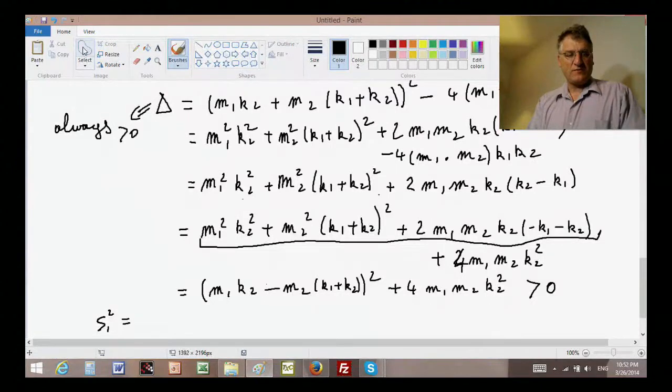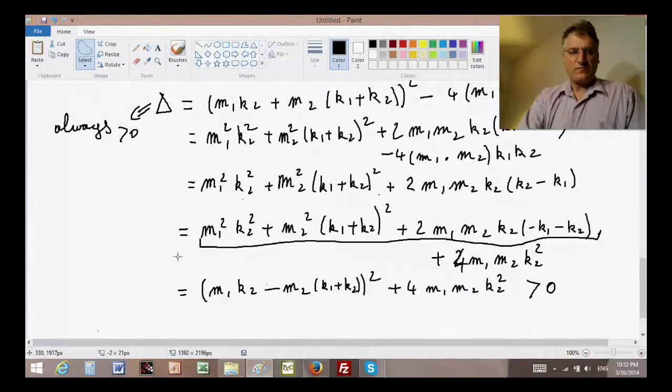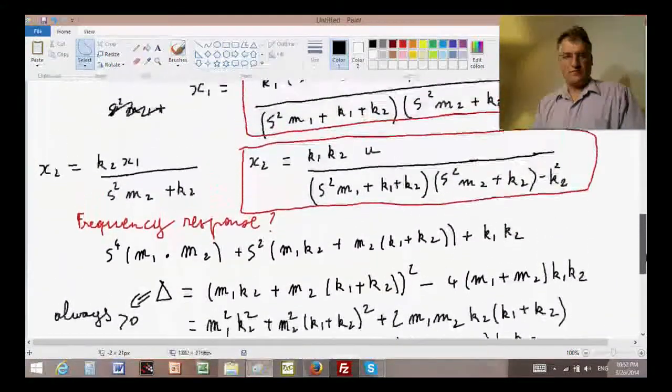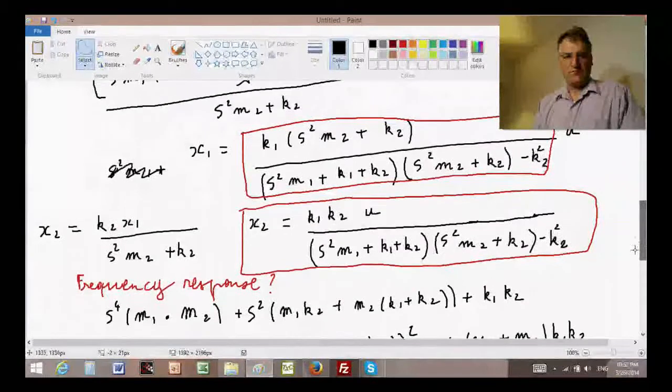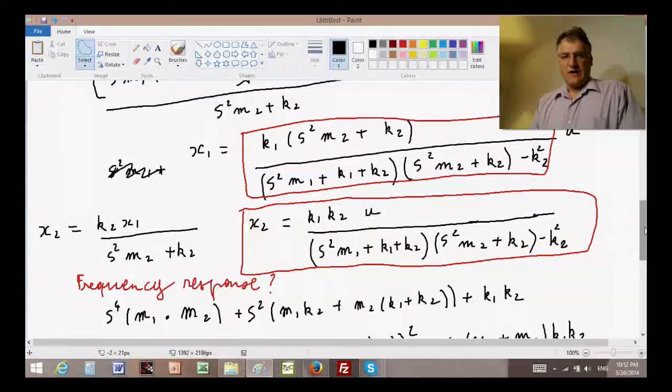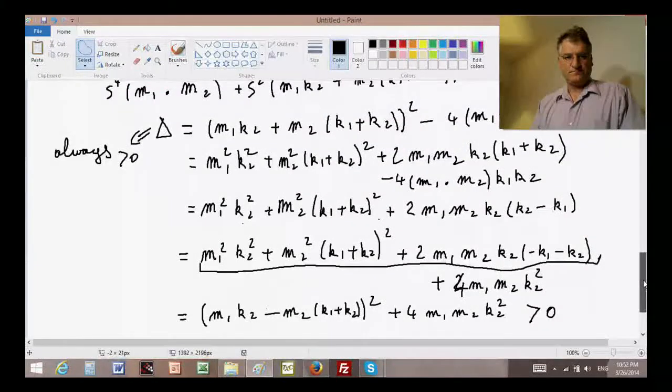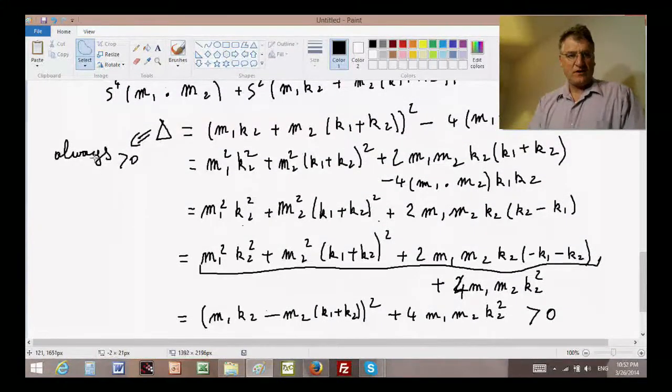Let's make some room here because we're running out of room. How do we do that? Well, I guess we can simplify this, say that this is delta, and erase everything else.